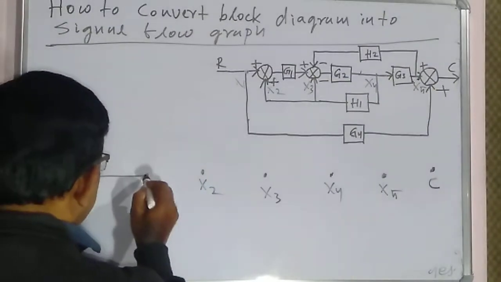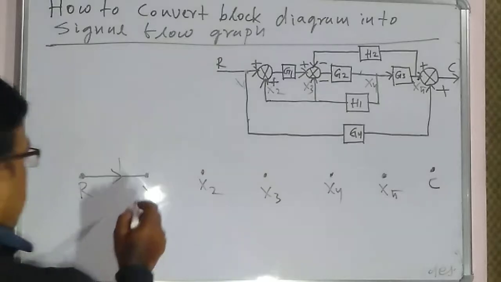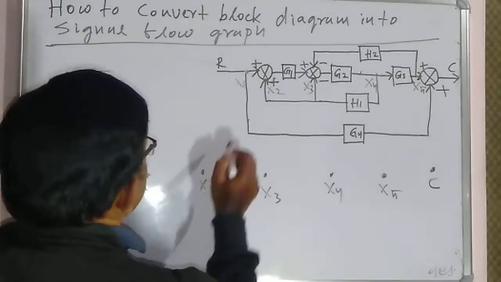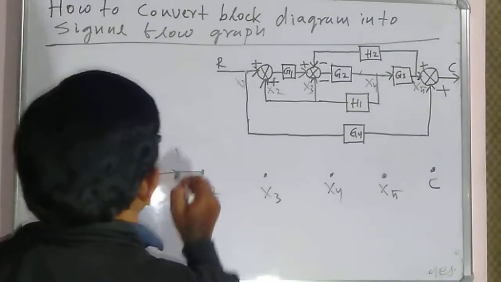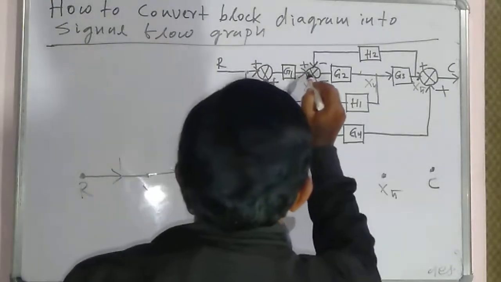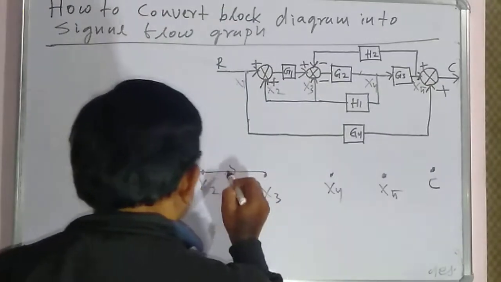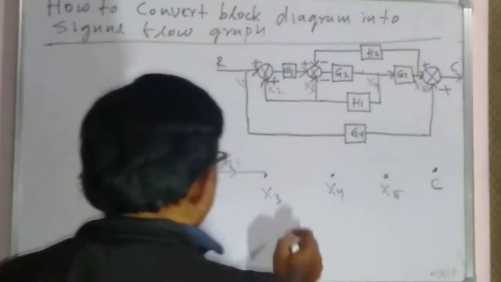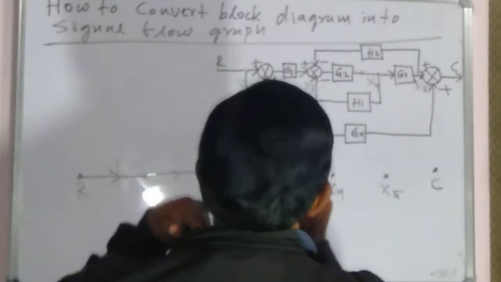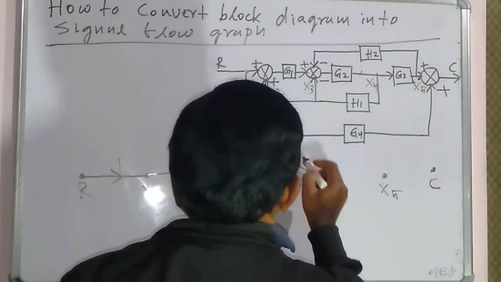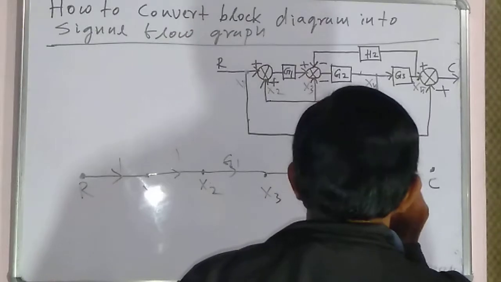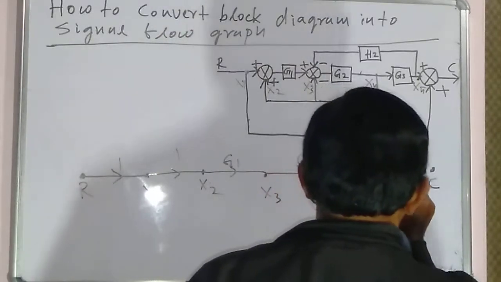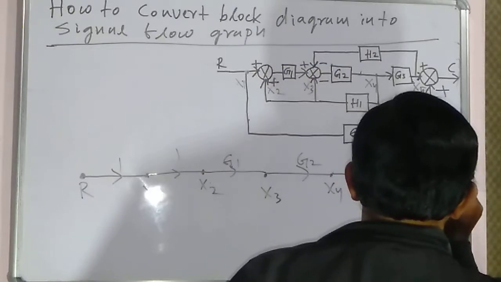So gain is 1. Then between x1 and x2 the gain is also 1. Then between x2 and x3 the gain is g1. This is g1, and between x3 and x4 the gain is g2. Then between x4 and x5 the gain is g3, and this again has gain 1.